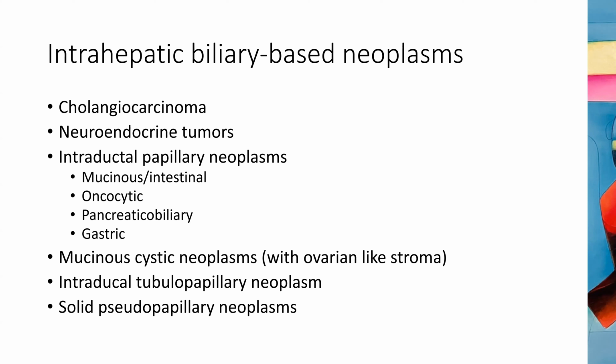And we have seen and done videos previously on the mucinous cystic neoplasms that have ovarian-like stroma and can occur in this location, as well as the gallbladder and so forth. There's also an intraductal tubulopapillary neoplasm, which has relatively little papillary growth. And finally, theoretically possible also to get solid pseudopapillary tumor in this location.